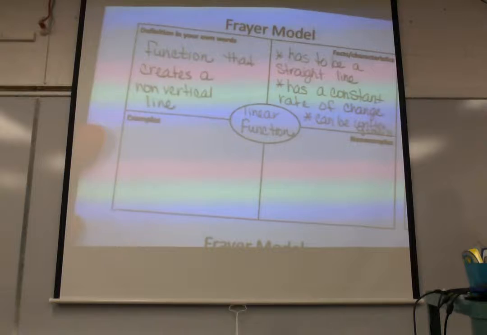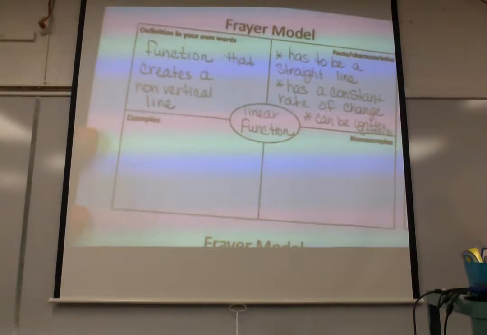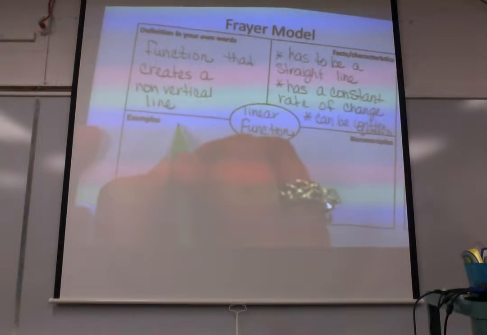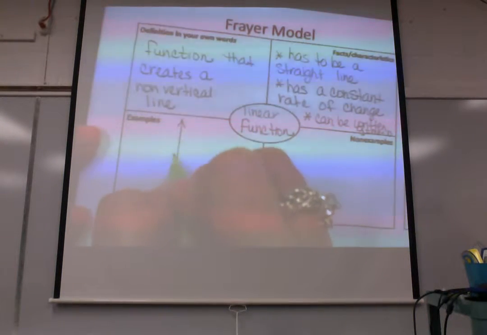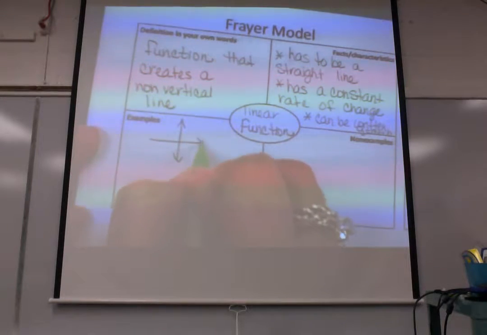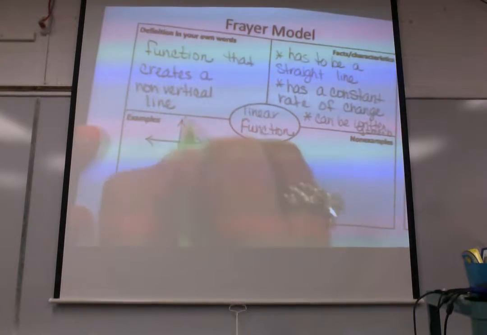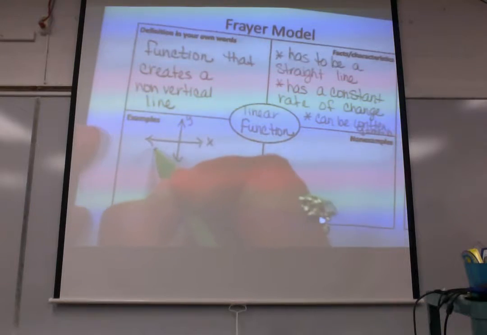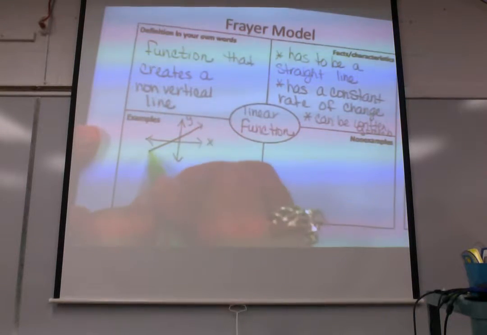So what kind of examples did you guys put? I just put a graph. So you guys did a graph, okay. And what did your graphs look like? I did a straight line. Like a diagonal? Yeah. Okay.